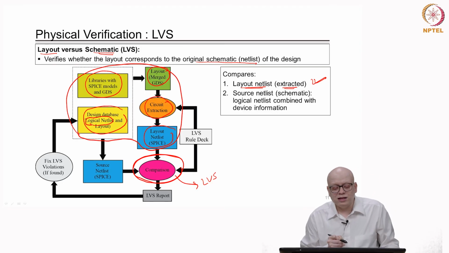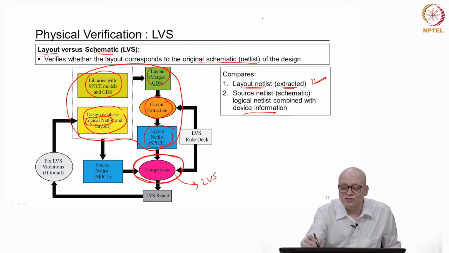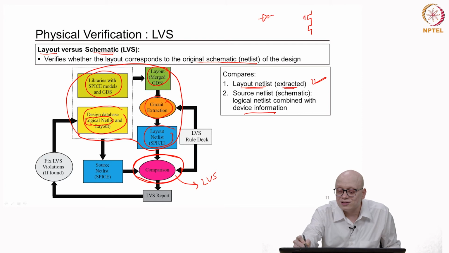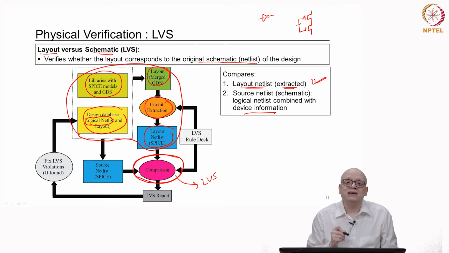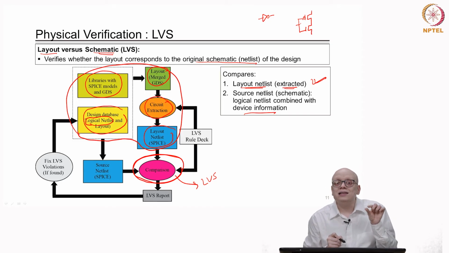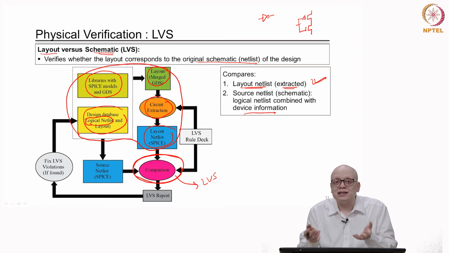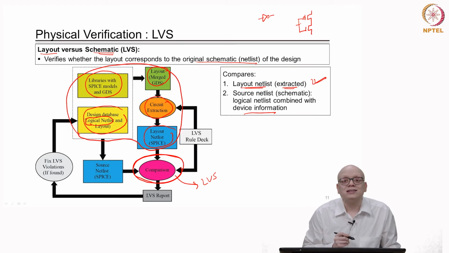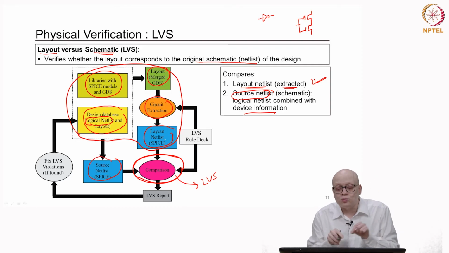Now, with the logical netlist we combine the device information. For example, if we have an inverter, this inverter internally contains a PMOS and an NMOS. This information is also contained in the PDK, that each standard cell consists of which transistors and devices and so on. That information is taken and merged with the logical netlist to get the source netlist, and these two, the source netlist and the layout netlist, are compared.